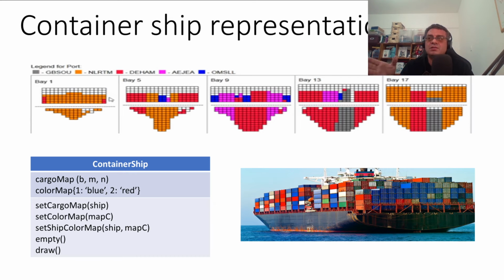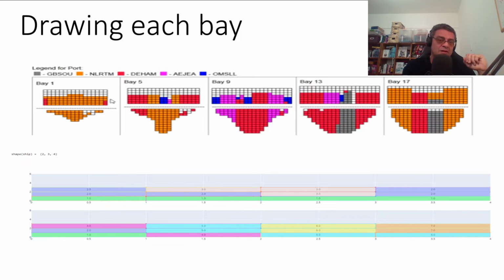This is important because we can use it to understand how many movements, or how certain actions, will impact the organization of a container ship. So we made a simplified but very useful representation of a container ship.